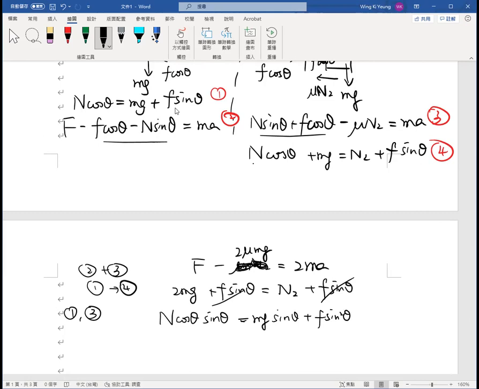And then the third equation, multiply by cosine theta. Then you have the same thing for the n. I'll just put the mu n2 on the right hand side.